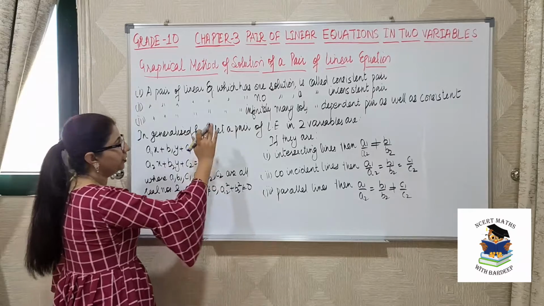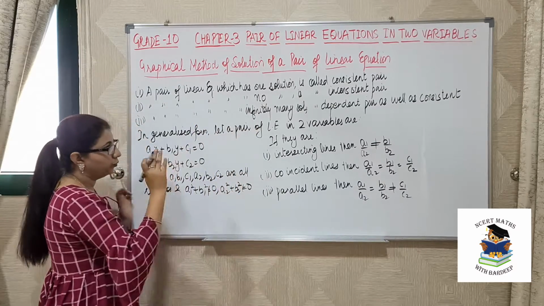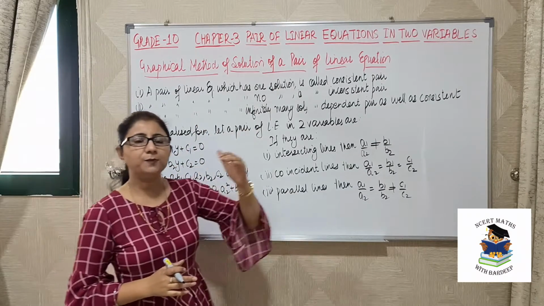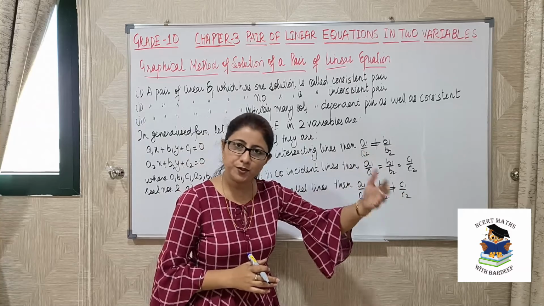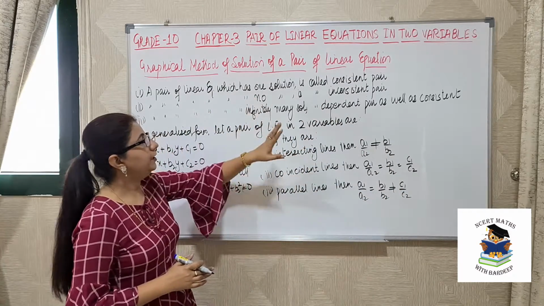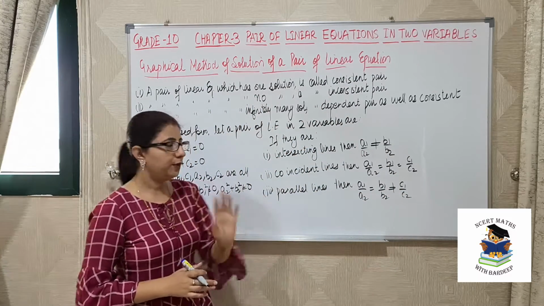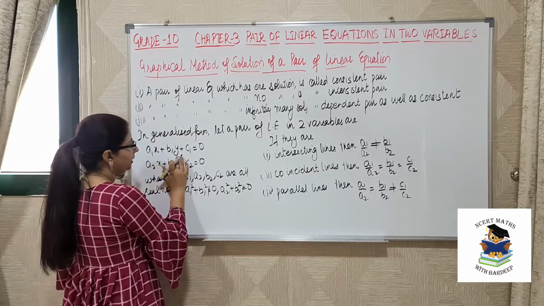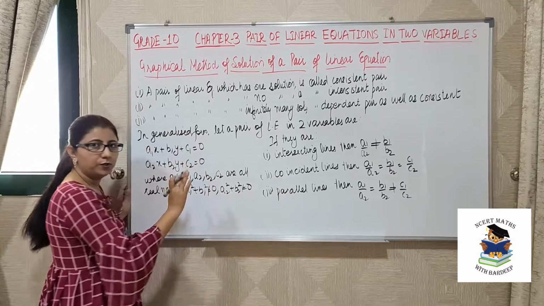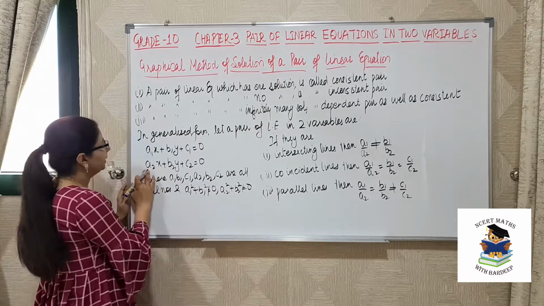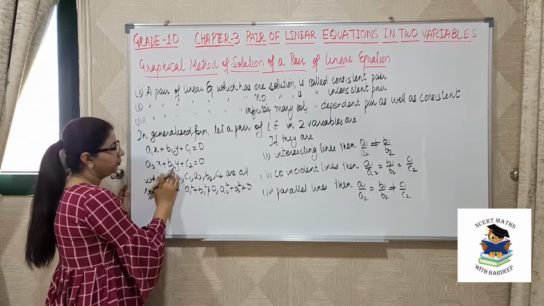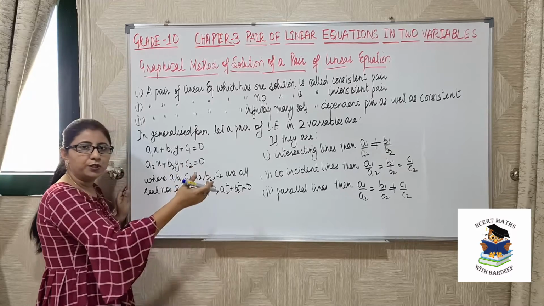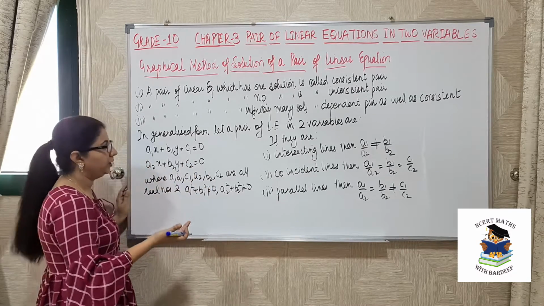In a generalized form, we know that any one equation is ax plus by plus c equals 0. But now we need to consider a pair of linear equations. So the general format is a1x plus b1y plus c1 equals 0 as one equation, and a2x plus b2y plus c2 equals 0 as the second linear equation.